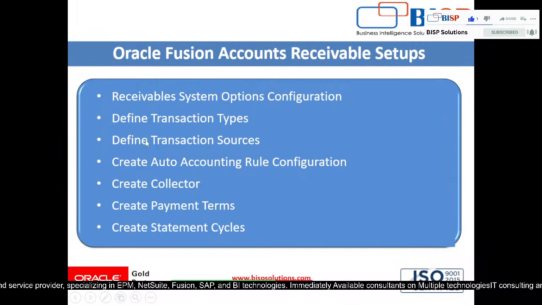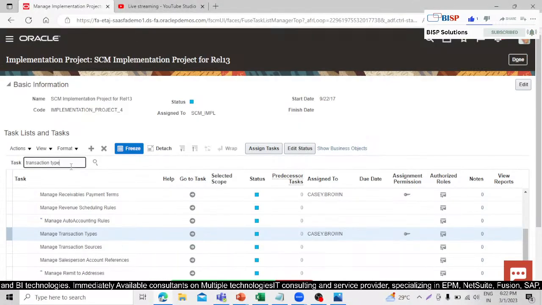Now our define transaction source over here. So the transaction source is defined by Oracle. So we have to set our transaction type under the transaction source over here. So let's see how it is possible. So we have to search transaction source.